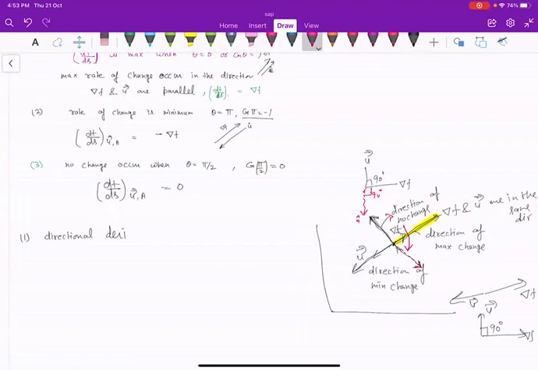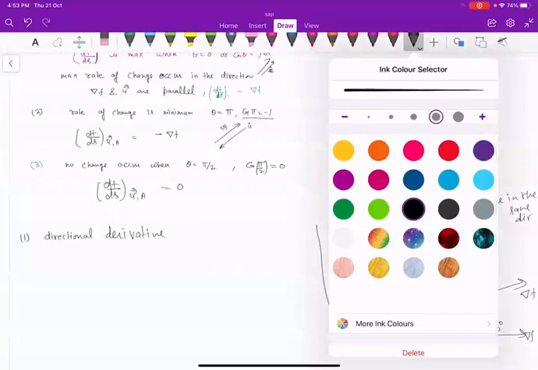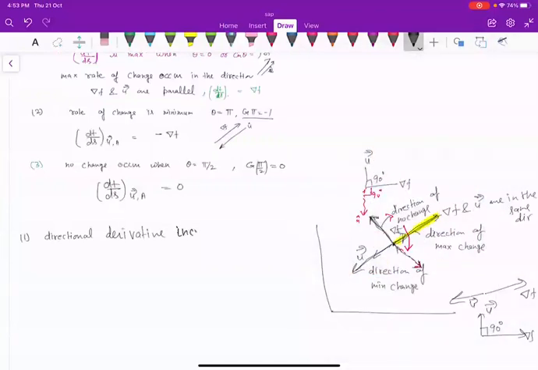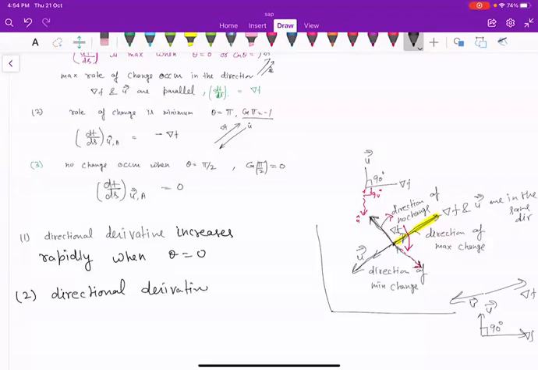Now, the directional derivative increases rapidly when theta equals 0. The directional derivative decreases rapidly when theta equals pi.